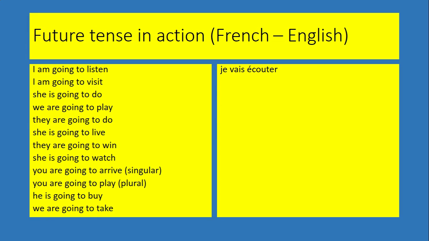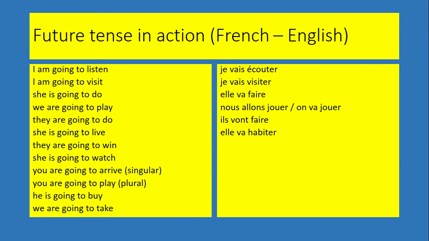Je vais écouter, je vais visiter, elle va faire, nous allons jouer ou on va jouer, ils vont faire, elle va habiter, ils vont gagner or elles vont gagner if it's a female group, elle va regarder, tu vas arriver. Sorry, that should have an R on the end as it's an infinitive of course. That's Microsoft just assuming I'm trying to write something in English there.